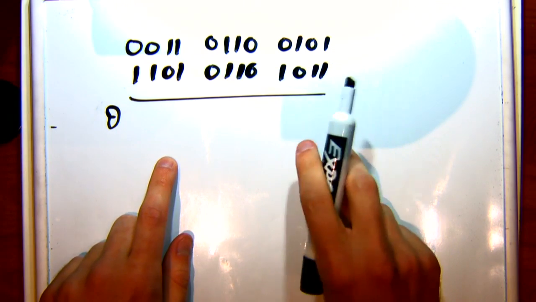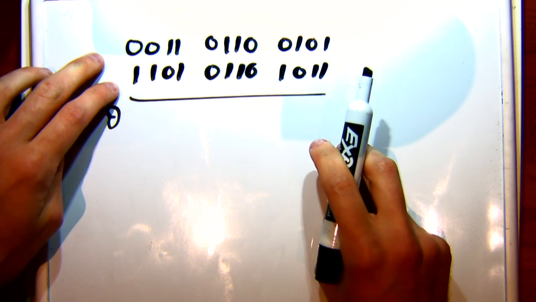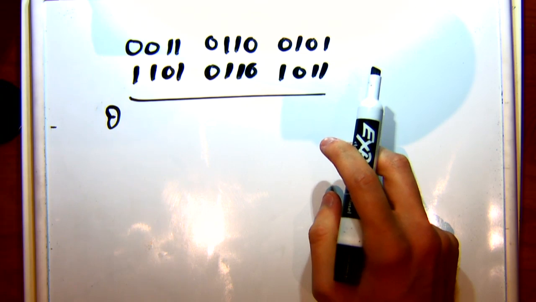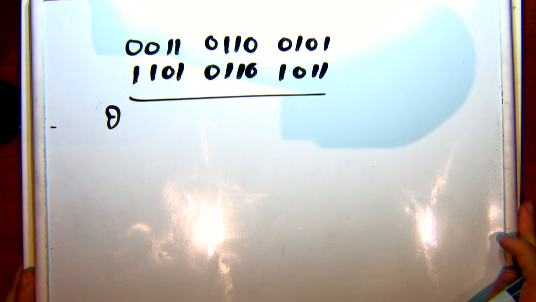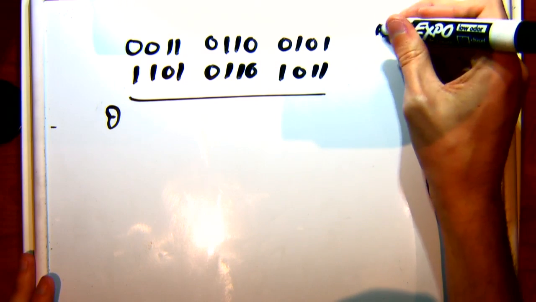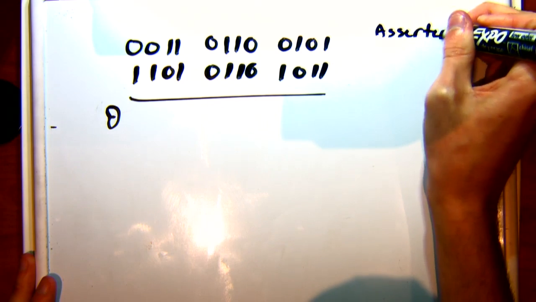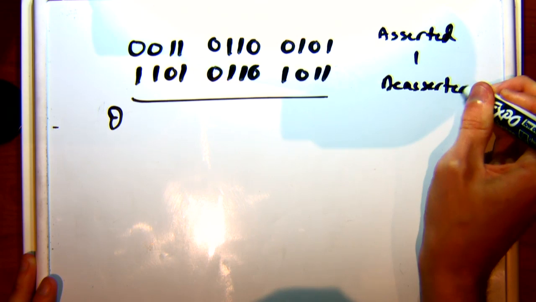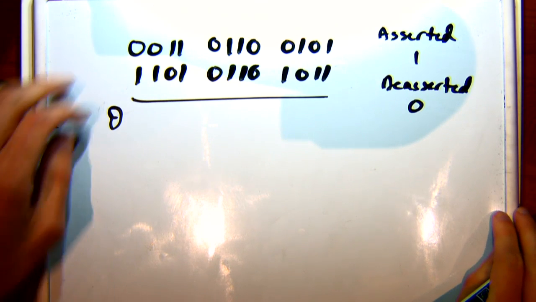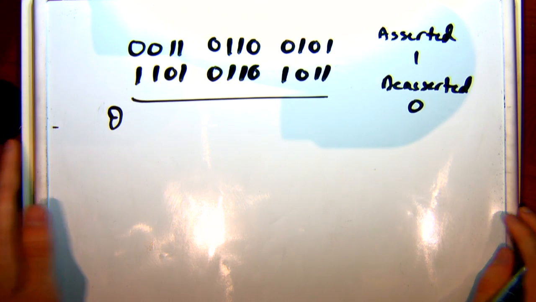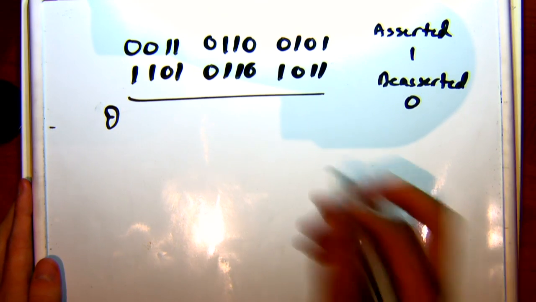So if we want to AND these two numbers, then with bitwise AND, we're going to look at those two binary numbers, and if they're not both 1, then the result is going to be what we say deasserted. I want you to be familiar with that language. Asserted is 1, and deasserted is 0. So if they aren't both 1, then the result's going to be deasserted. Otherwise, if they're both 1, it's asserted. So that's the only condition you're looking for here.